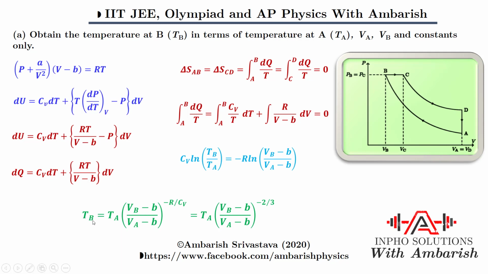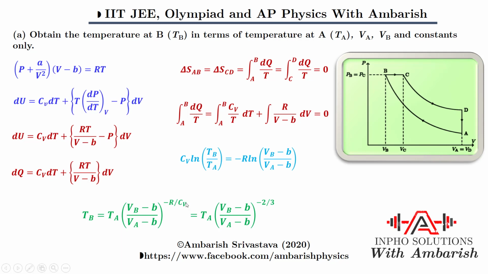So instead of Tb into Vb to the power gamma minus 1, you are getting Tb into Vb minus b to the power gamma minus 1, right? So this expression is exactly similar to the one we get for an ideal gas, except that instead of the volume, we are getting the volume minus the excluded volume because of the van der Waals theory. You know that some volume is excluded. So it is nothing but T into V minus b to the power gamma is constant. This is effectively that, right?